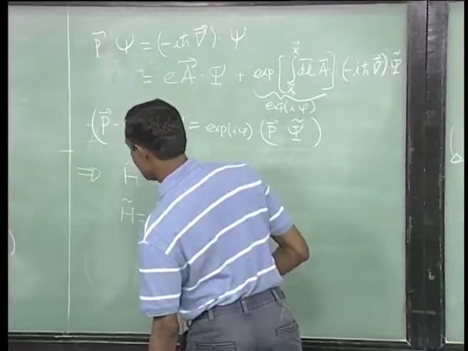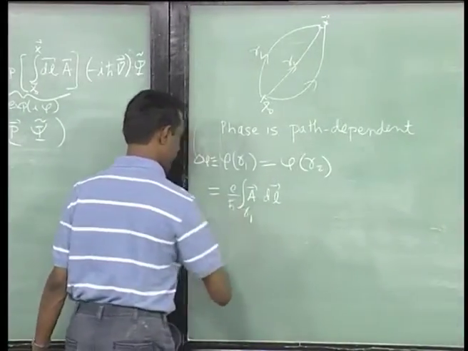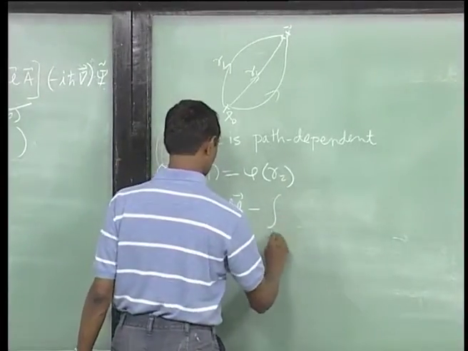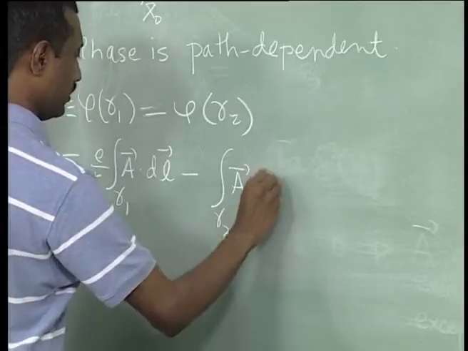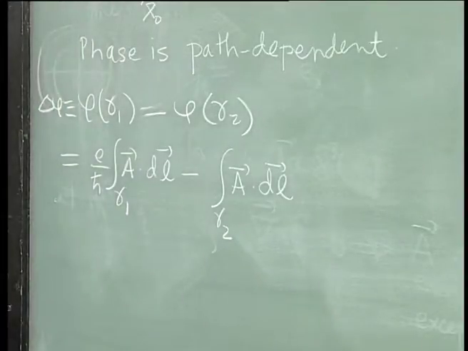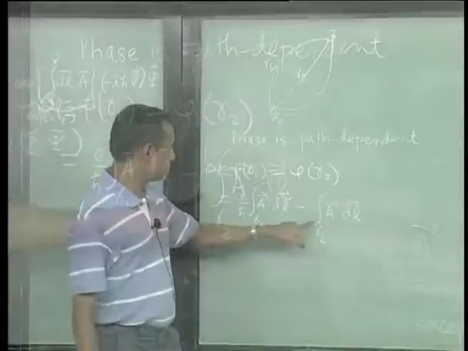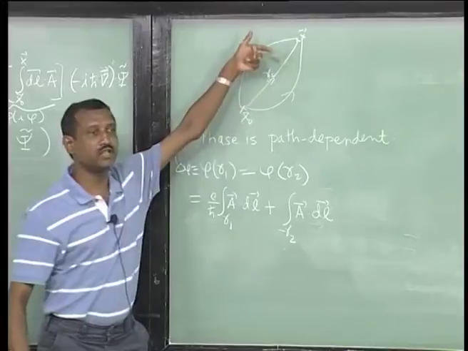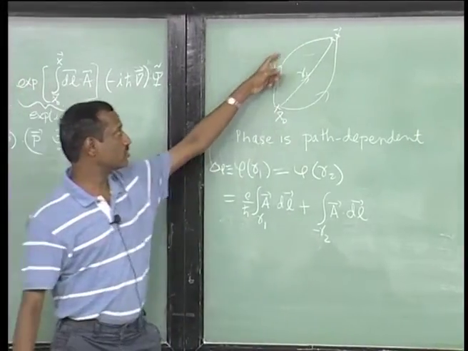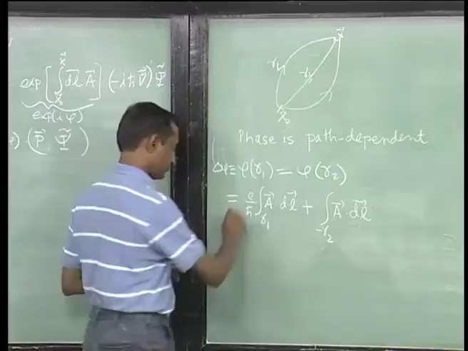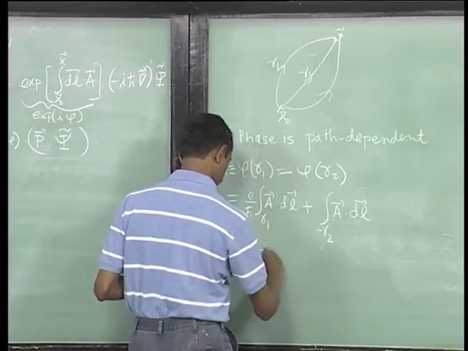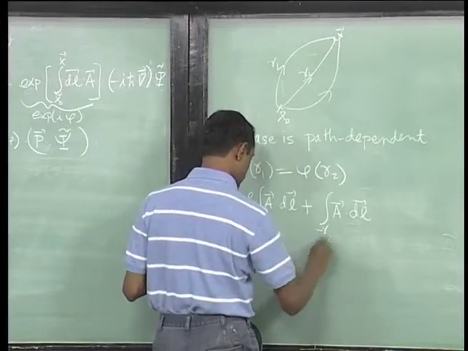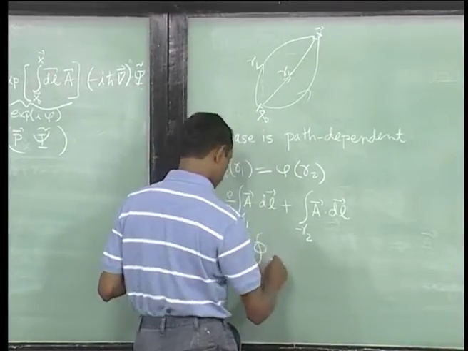What are the factors? i e by h bar, okay, minus the integral over gamma 2 of A dot dl. But using a nice property of integrals, since it is minus gamma 2, I can write this as plus of minus gamma 2, which means just change the orientation of this thing. So this combines to give you a closed loop, which is given by the sum of these two A dot dl.